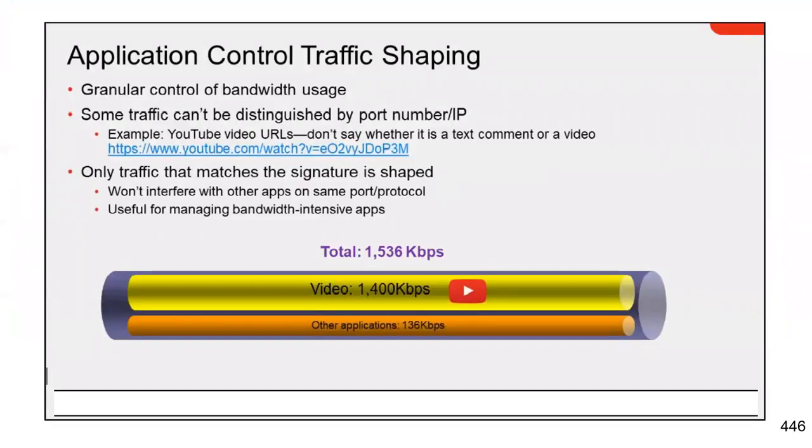Application control traffic shaping. We discussed traffic shaping earlier in today's session: it is basically a kind of bandwidth control, where you tell your FortiGate firewall how much bandwidth should be given to whatever category of application you are allowing.